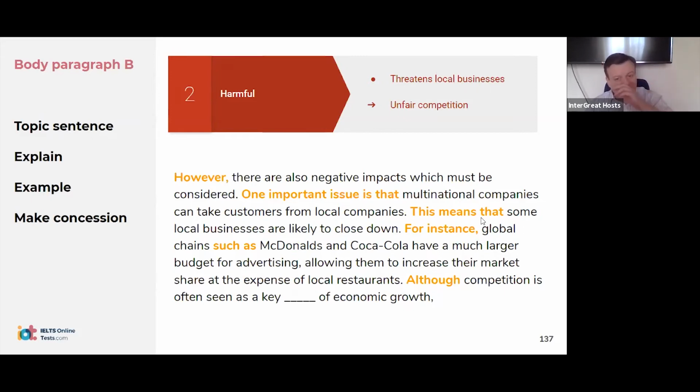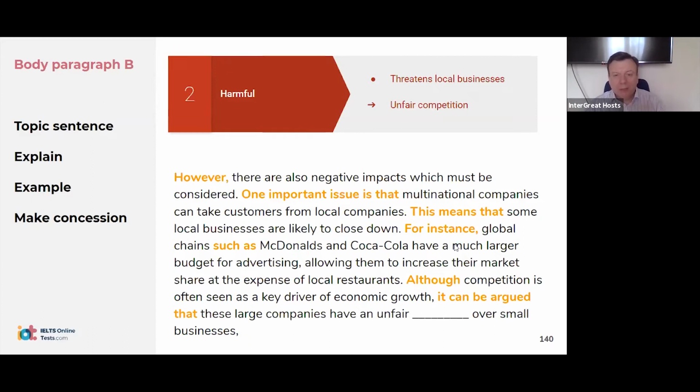Good. So here we've got driver. So drives economic growth. It can be argued that these large companies have an unfair advantage over small businesses.